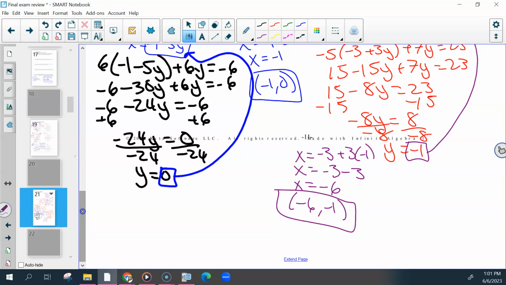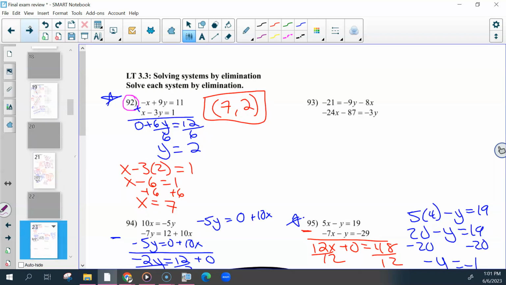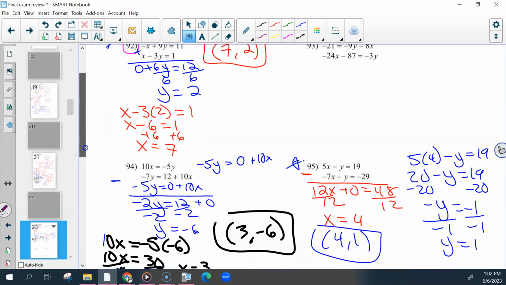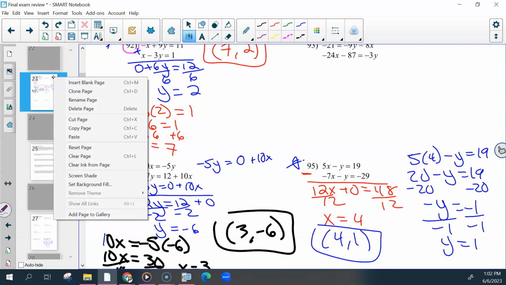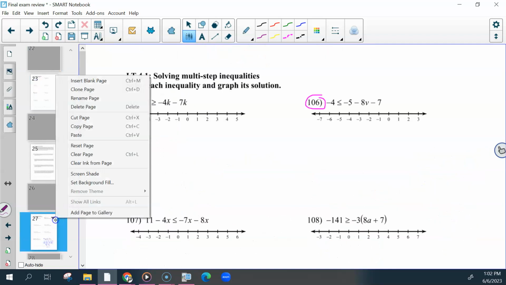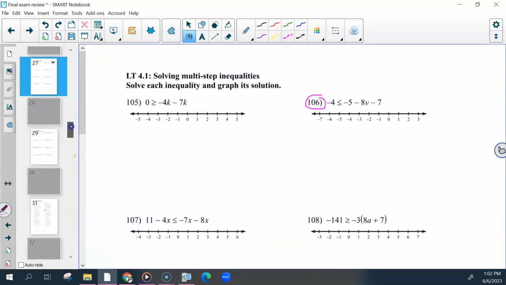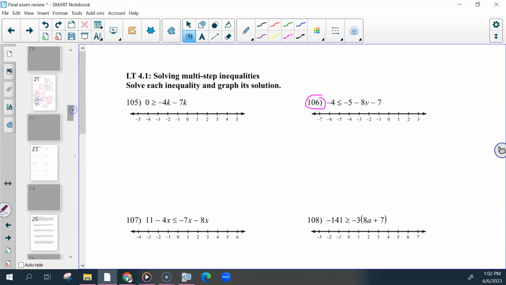Now we are solving systems by elimination, which is different than substitution. Pretend that isn't already there. Of those, which ones do we want to see you go over?